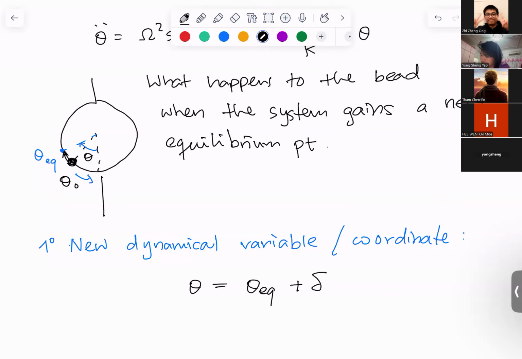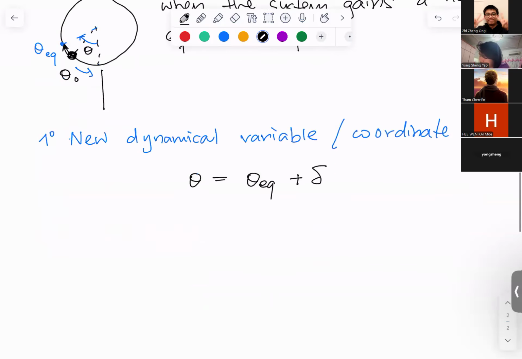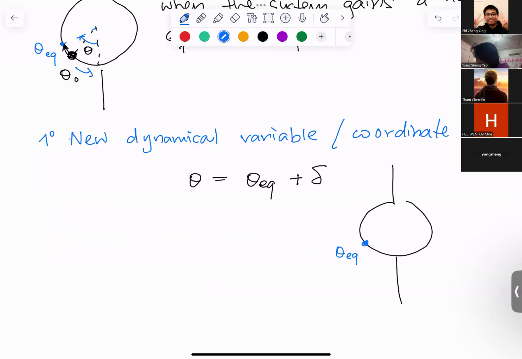So there's this new equilibrium point, and the bead is displaced by some angle delta. In this case, delta is positive, and if it's a little bit below it, then delta is negative.